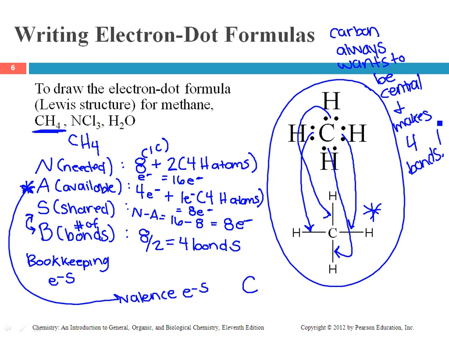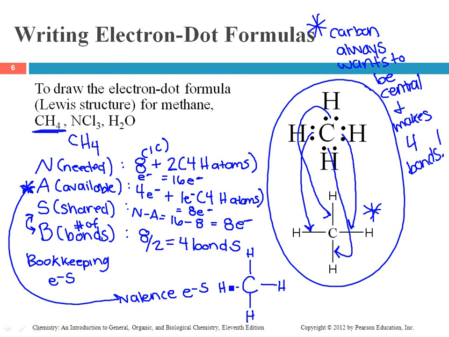This is just a little tip to remember. If we draw 4 hydrogens around our carbon, our formula matches. We have CH4 and we have CH4.